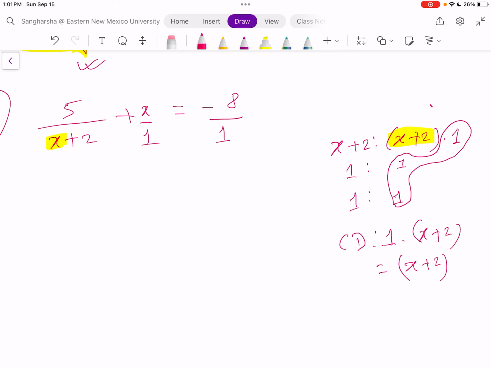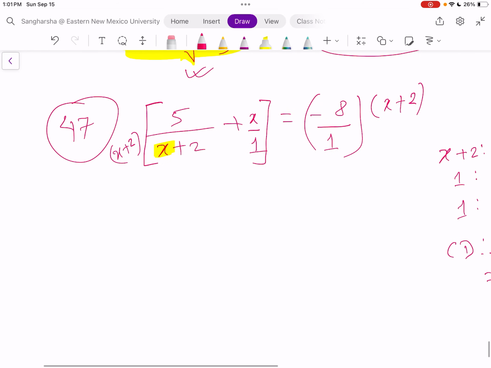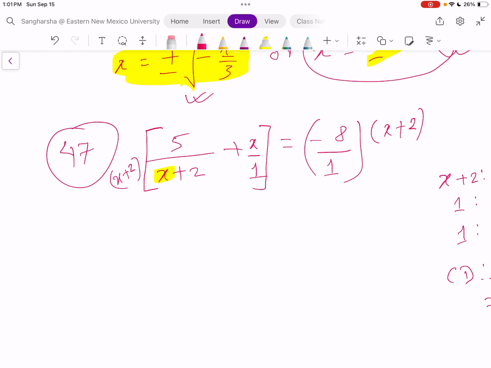So this is the common denominator, and we use it to multiply both sides of the equation by x plus 2. So you are multiplying this rational equation by the common denominator. Now here we have x plus 2 times these two expressions separated by a plus.